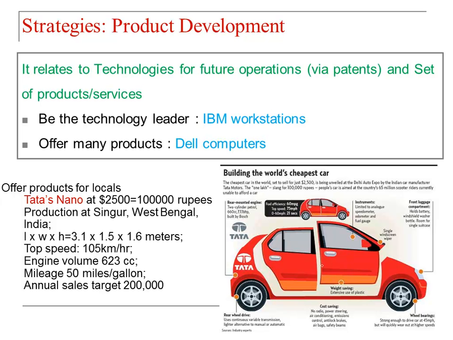It costs about $2,500. Very cheap. And here I give you some ideas of the things that they did to save money. So this is a product that is very target oriented to the population in India. It's a very cheap car, and it provides the services that they need in their country.